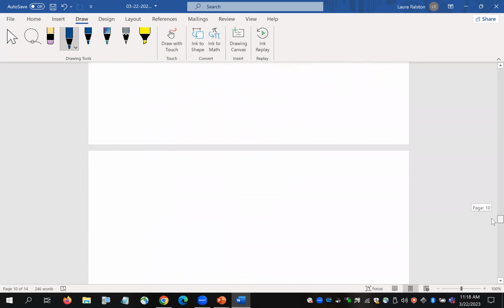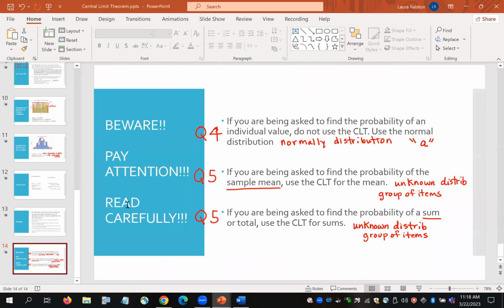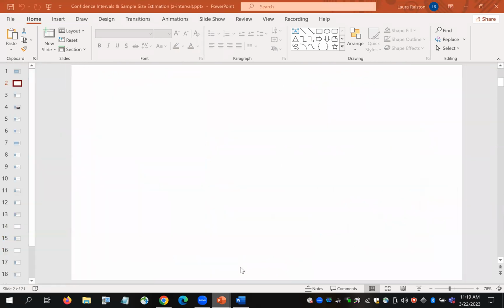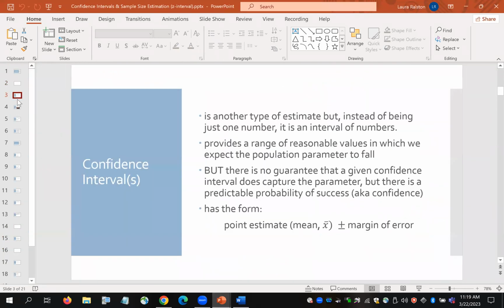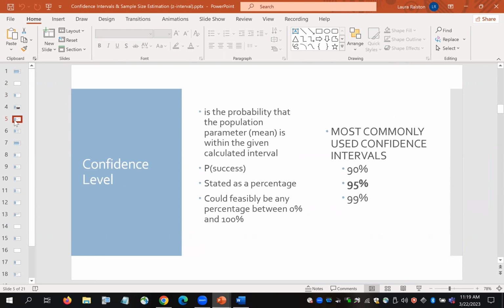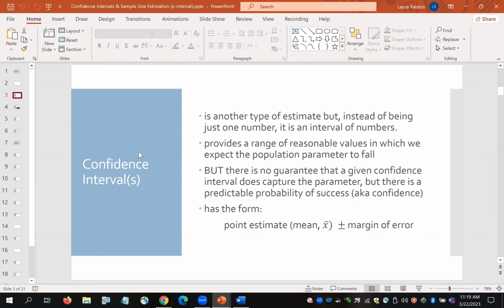The PowerPoint that's in the course just kind of dives right into how to actually find those. Actually, I think it is on the PowerPoint. Maybe Miss Ralston updated it. So let's see if we can talk about confidence intervals.